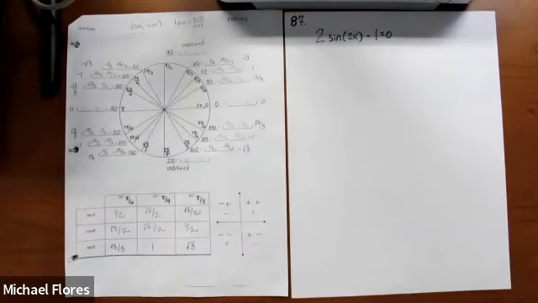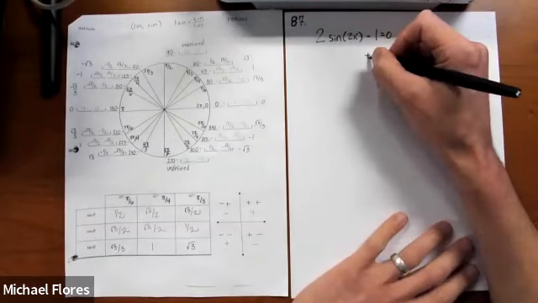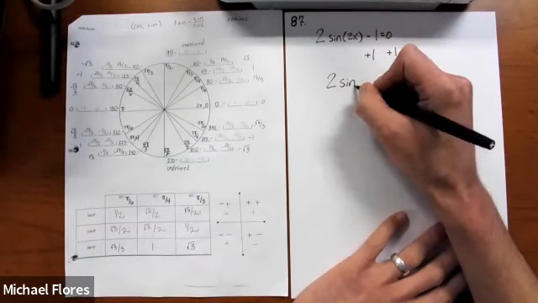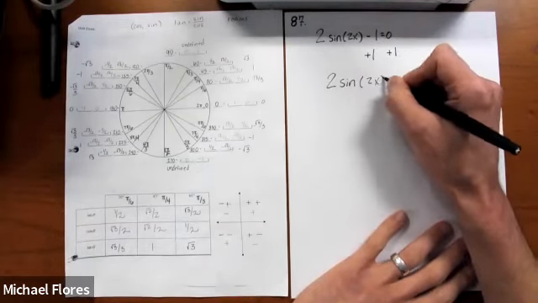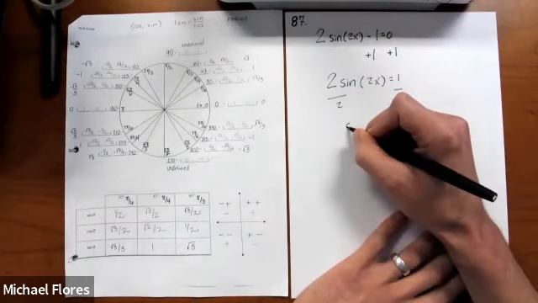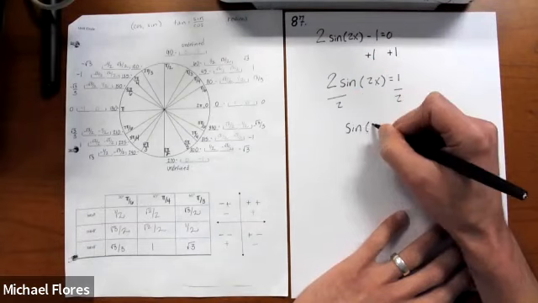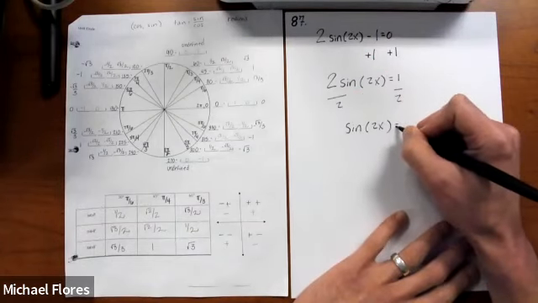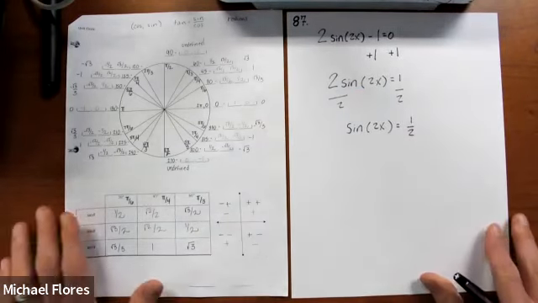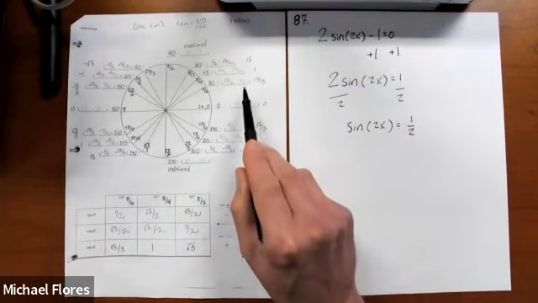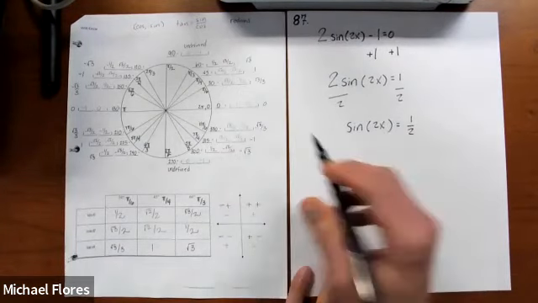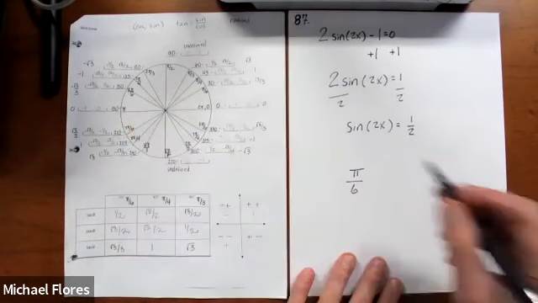Okay, start this one by adding 1 and then dividing by 2. Now let's first figure out where our sine value is 1/2. There at pi over 6, and again here at 5 pi over 6.